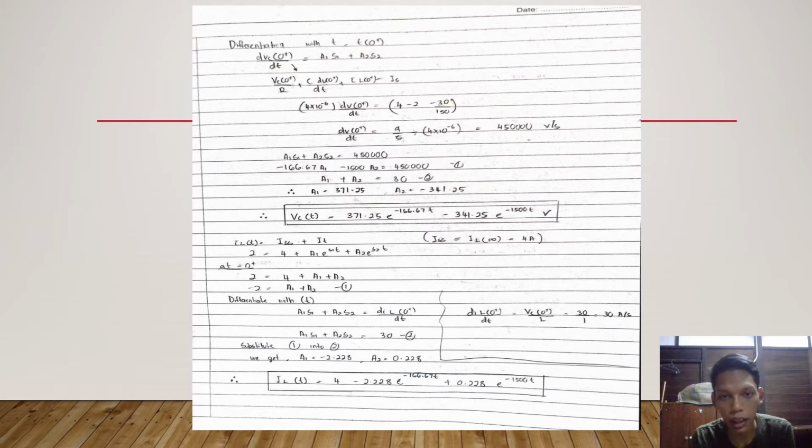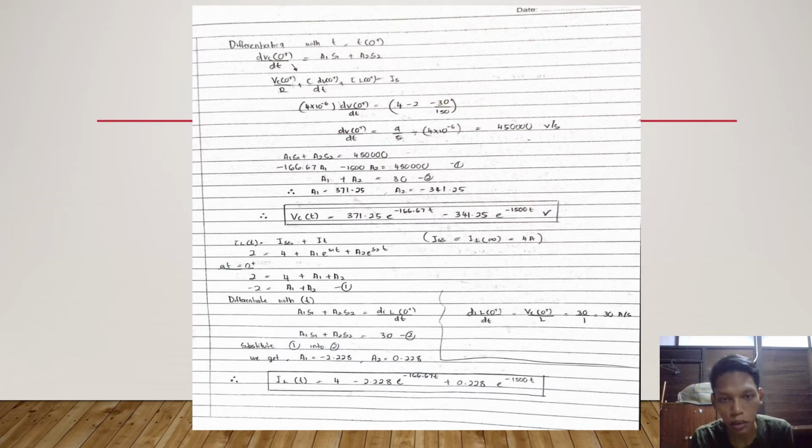From that we get dvC(0) over dt equal to 9 over 5 divided by 4 microfarad, which is 550,000 volt per second. We get two equations, we combine them, and we get A1 371.25 and A2 negative 341.25.